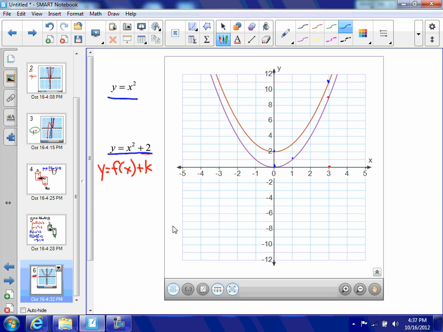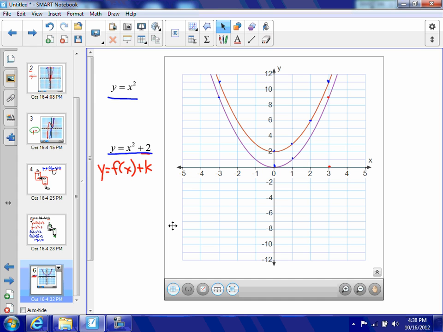At 1, (1, 1) goes to (1, 3). At 2, (2, 4) goes up to (2, 6). At -3, it was 9, and now I added 2, and I go up to 11.